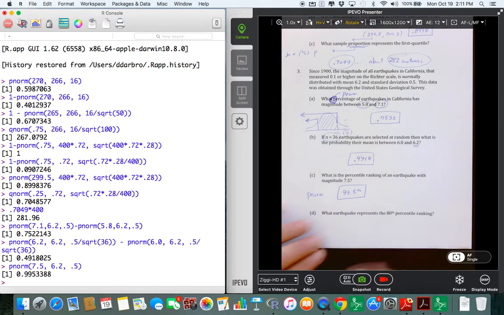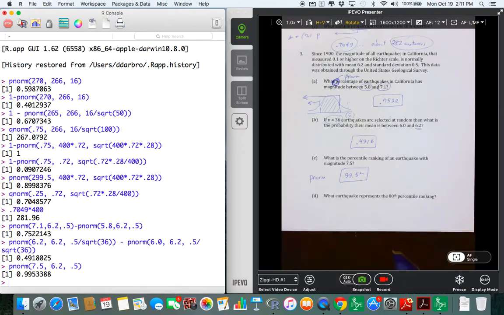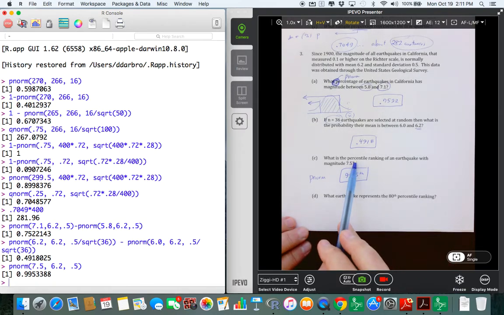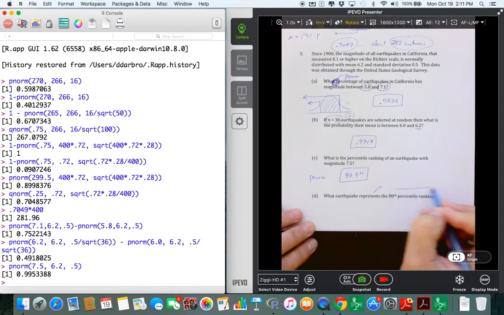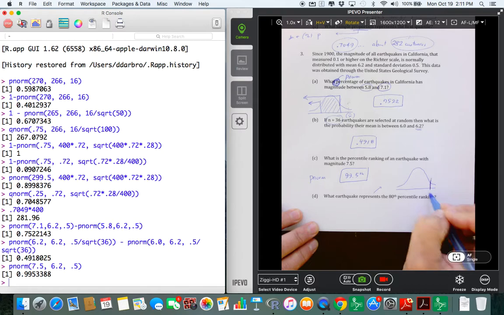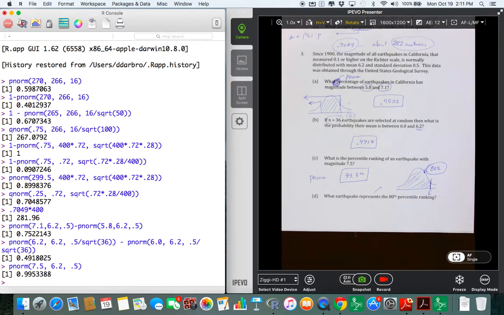percentile. Now contrast that problem, which is asking you to find percentile ranking, which was nothing more than percentage below, with this one. What earthquake represents the 80th percentile? So in this distribution of earthquakes, we're wanting to find that particular earthquake that has 80% of the area below it.